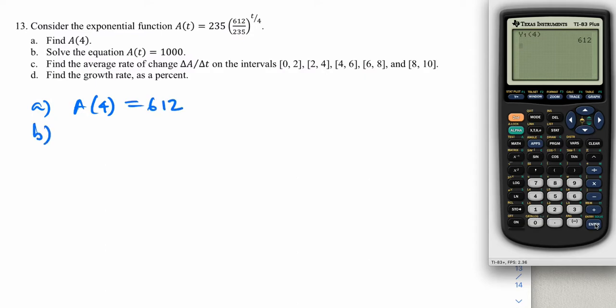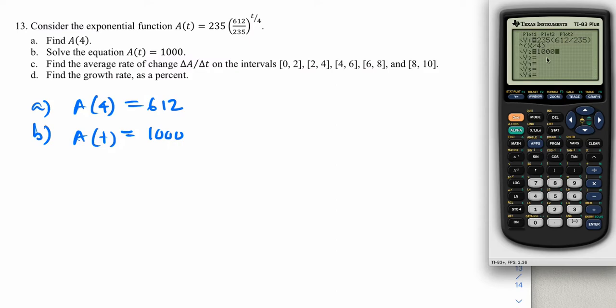Part B, solve the equation A of t equals 1,000. Okay, so we've got the model already stored in y1. We'll put the other side of the equation into y2. So 1,000 is our target. We know that's going to happen after 4 units.